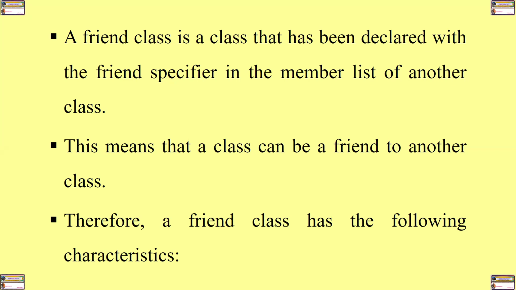My dear students and the rest of the learners, before we look at the characteristics of a friend class, it is very important for you to note that in object-oriented programming, like in using C++, you may have more than one class with almost similar data members, such that you have class A with certain data members, and the same data members are still in another class, and the data in those data members in each of those classes is expected to hold almost the same values.